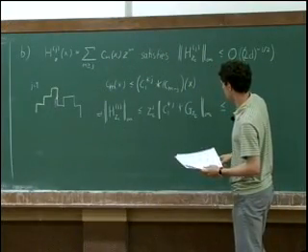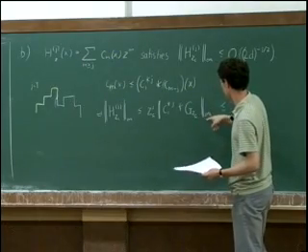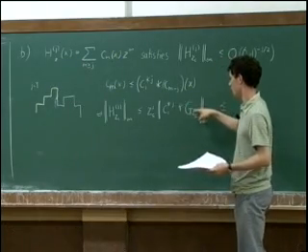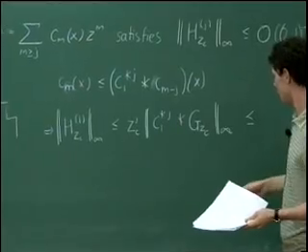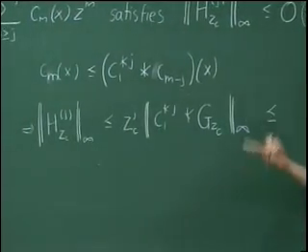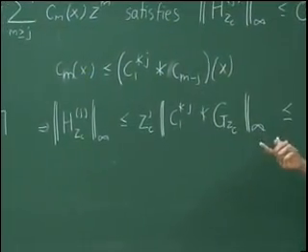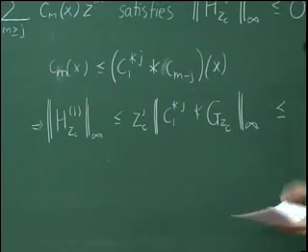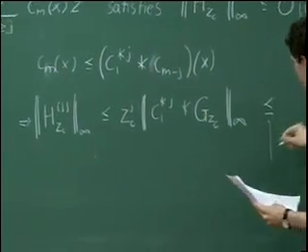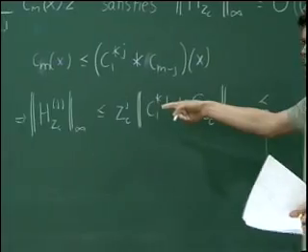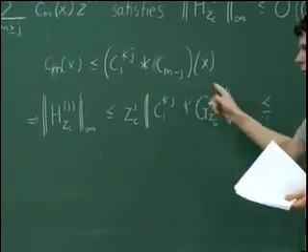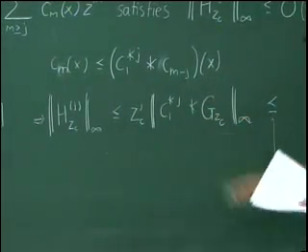And now this is the infinity norm of a convolution. The infinity norm is estimated by the L1 norm of the Fourier transform. This is an elementary fact. Also, under Fourier transform, a convolution becomes a product.